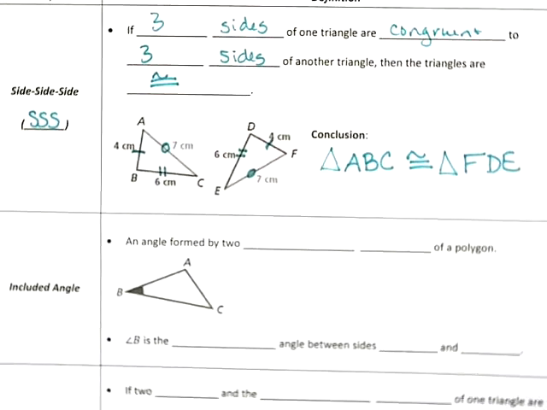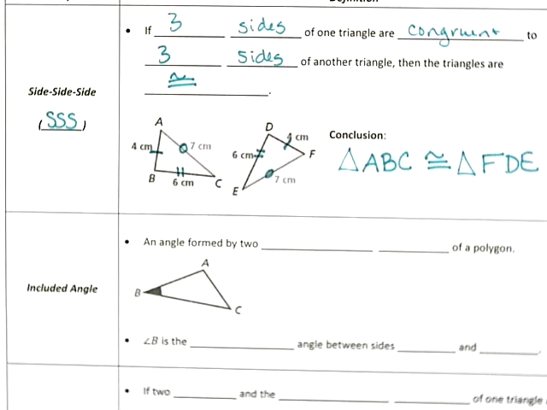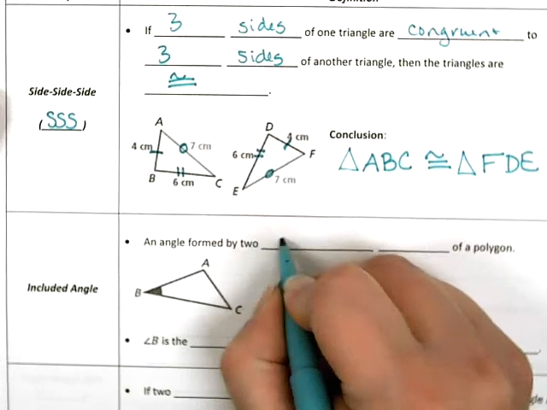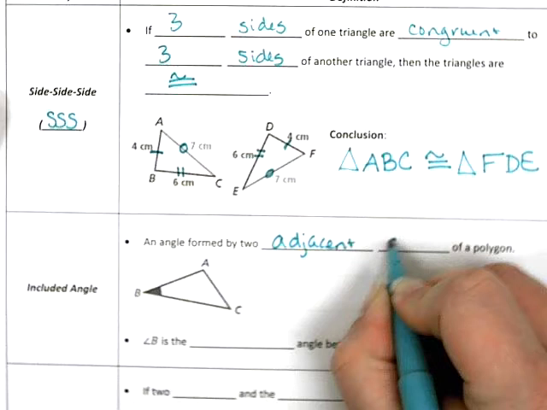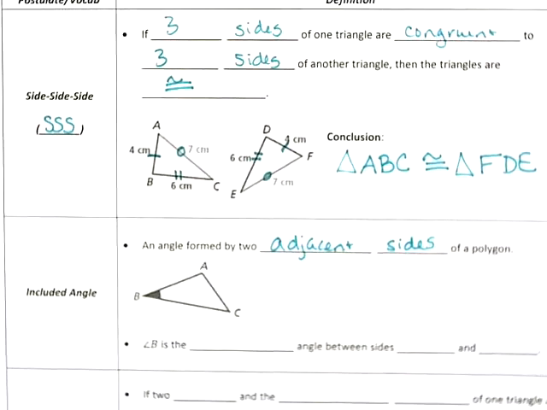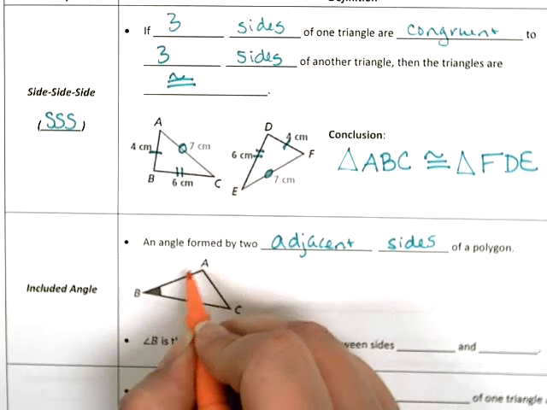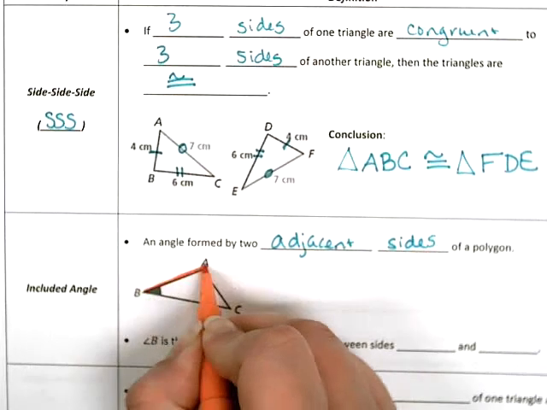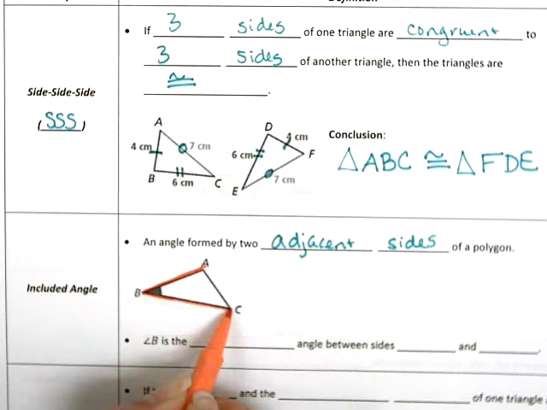All right, before we talk about the next shortcut, we have to talk about this included angle. Okay, so an angle formed by 2 adjacent sides of a polygon is called an included angle. So if we look here at this picture, AB is one side of a polygon, BC is another side of a polygon.